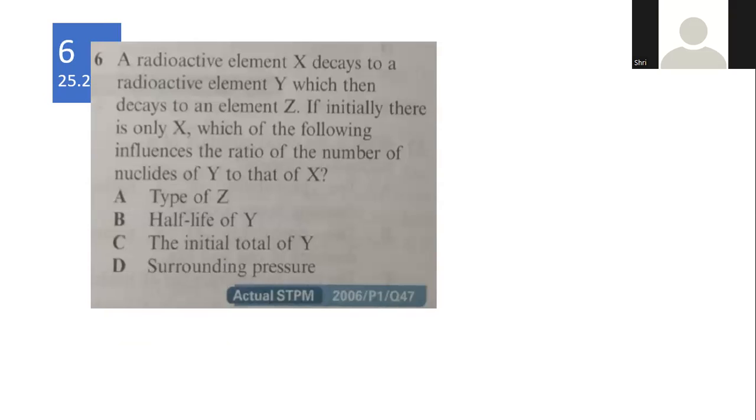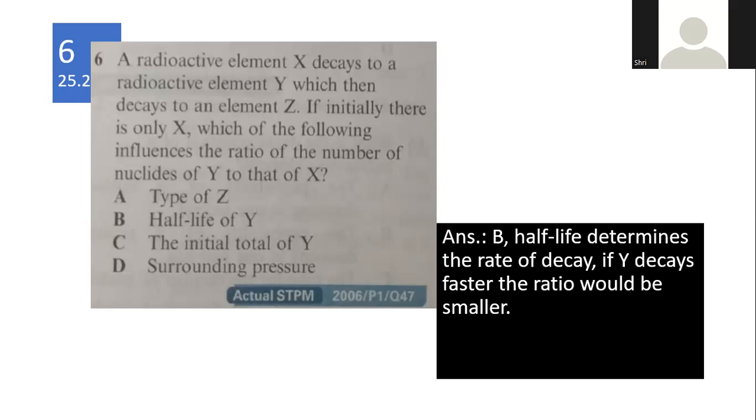A radioactive element X decays to a radioactive element Y and then decays to an element Z. If initially there are only X, which of the following influences the ratio of the number of nuclei of Y to that of X? Okay, half-life determines the rate of decay. So if Y decays faster, the ratio will be smaller.